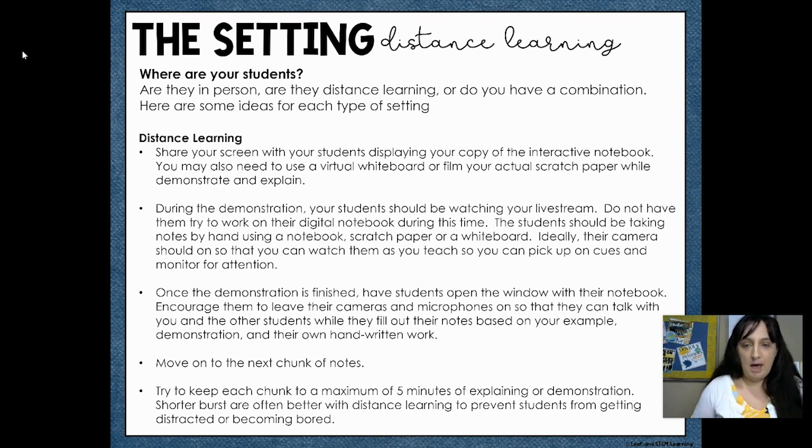What they should have is a notebook, scratch paper, a whiteboard, something where they can write by hand, because they cannot spend their whole day typing and mouse maneuvering. They need some of that handwritten work, especially if they're doing something like math where they are learning a new concept.